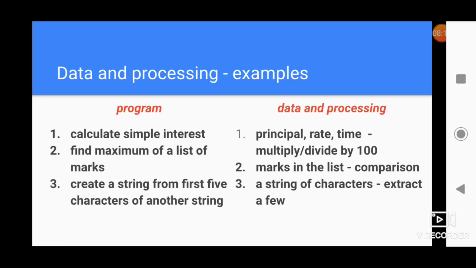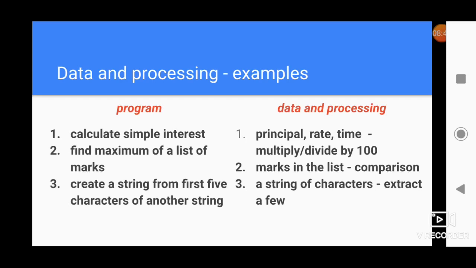To further clarify what we mean by data and by processing, we take three examples of three programs. The first program, suppose we are writing to calculate a simple interest. Now what data will this program be handling?